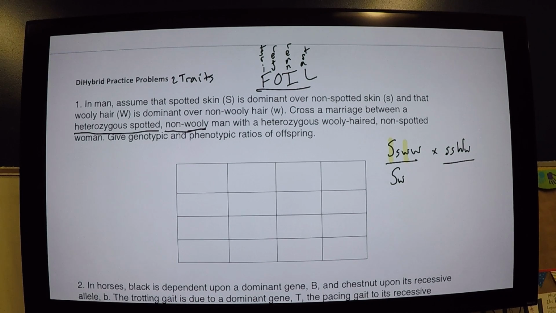So take this one and this one. That's going to give me a big S and a little w. And then the inner 2, so that'll be this one and this one. That'll be little s, little w, and then the last 2 of each.